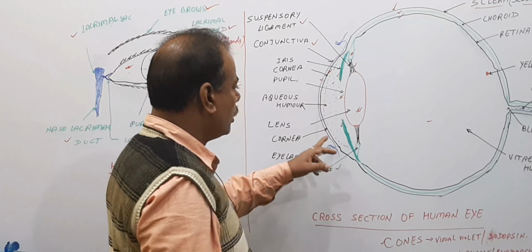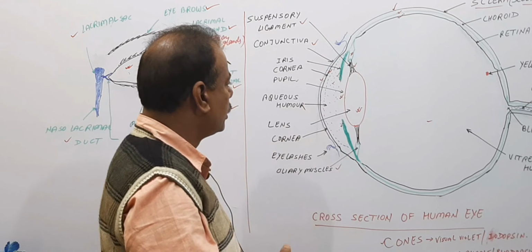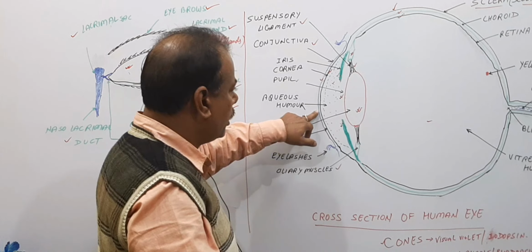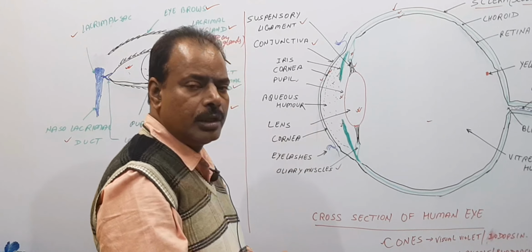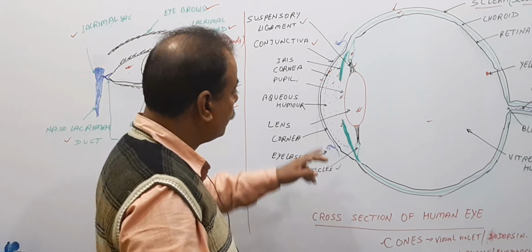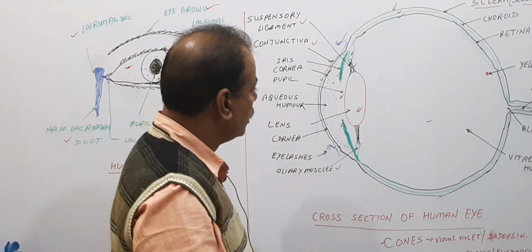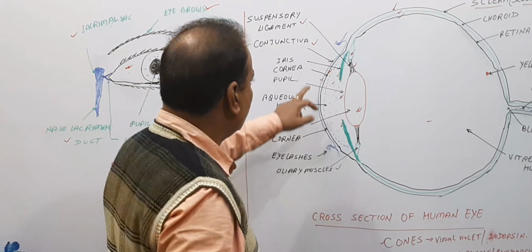Now the cornea is located just below the conjunctiva and it refracts the light. The conjunctiva is the outermost transparent layer of the front part of the eye. It protects the eye from the entry of germs and dust particles.